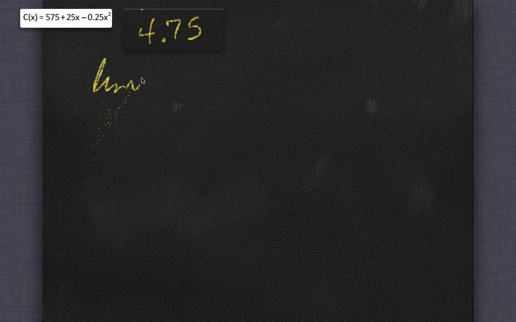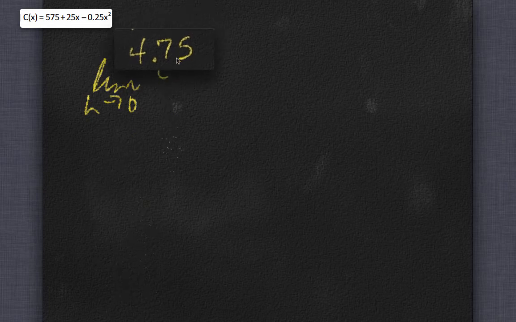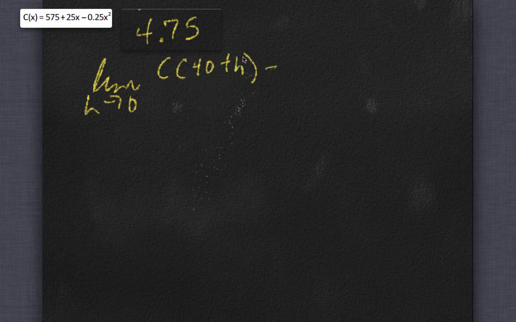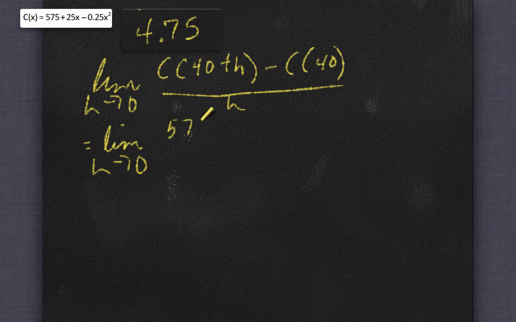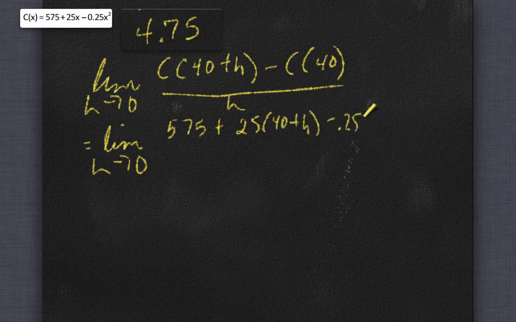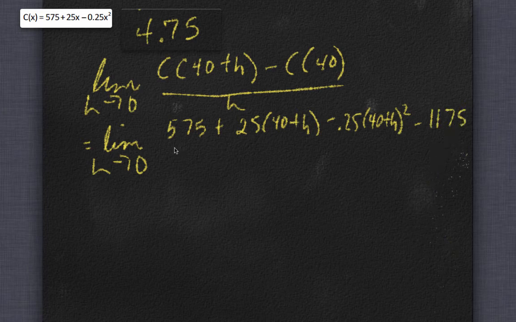So the limit as h goes to 0 of C of 40 plus h minus C of 40 over h equals... I could say minus 1175 here, maybe.